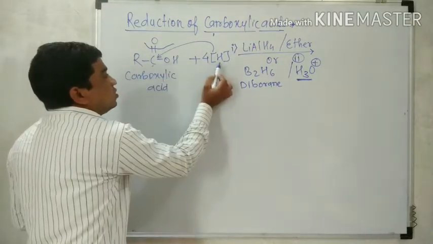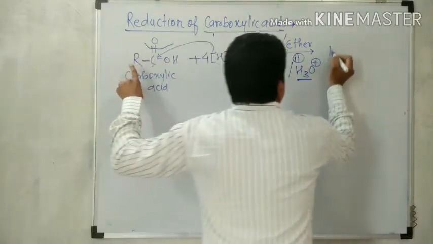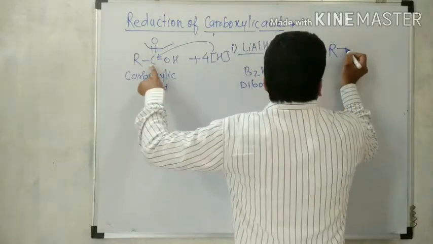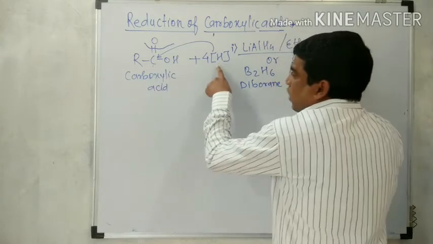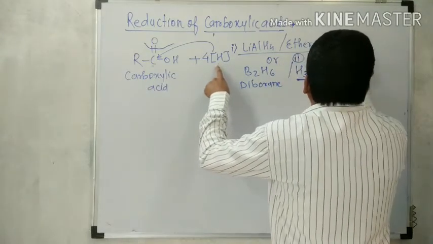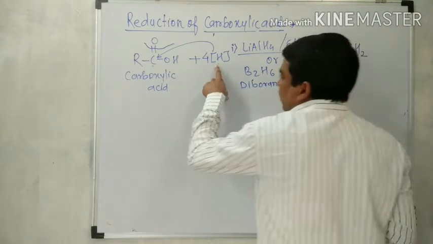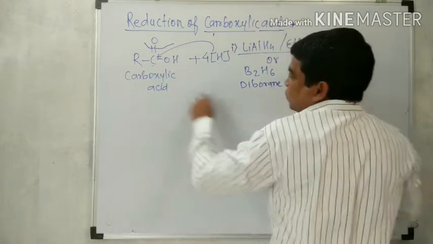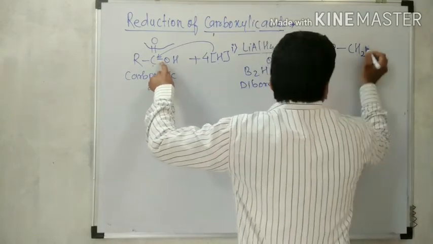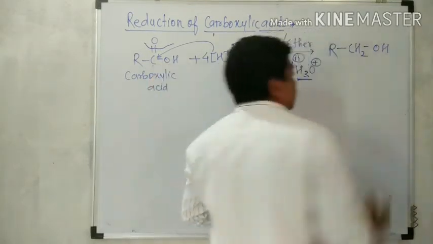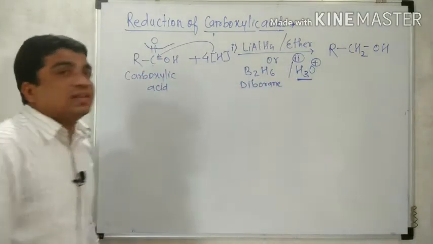That carbon gains 2 hydrogen from the 4, so the carbon is converted to CH2. Now here single bond OH. So we obtain RCH2OH.